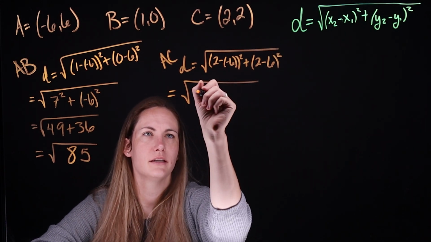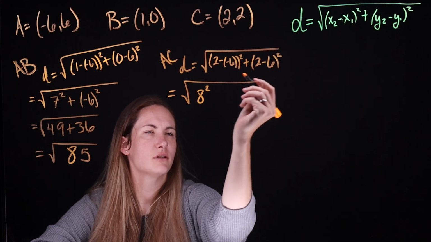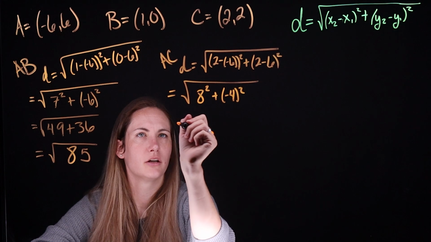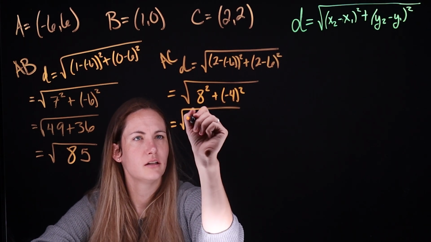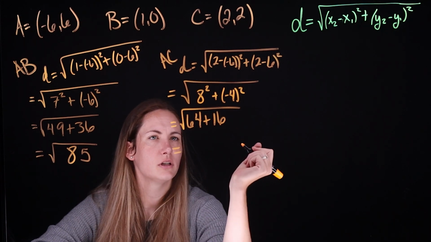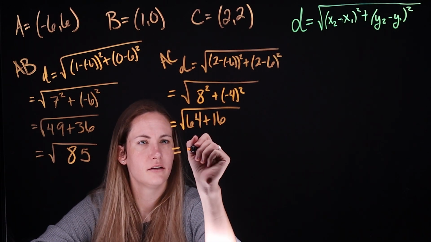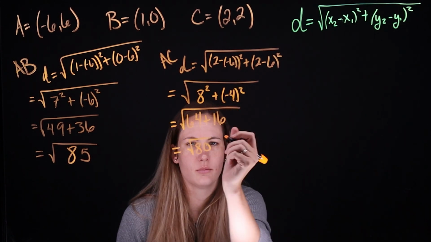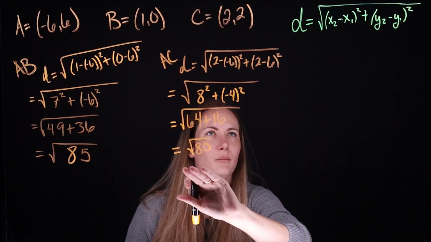So 2 plus 6 is 8 squared. 2 subtract 6 here would give us -4 squared, which is going to be 64 plus 16, which is 80. This one reduces. I'll come back to this.